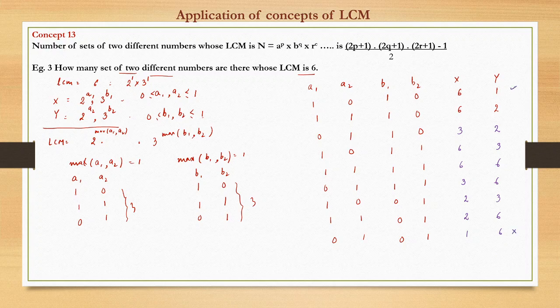I mark the opposite pairs by a tick and a cross mark. 6 2, 2 6. 3 2, 2 3. 6 3, 3 6, and 6 6. So can we see here? Total cases are how many? 1 2 3 4 5 6 7 8 9. So 9 ordered pairs.